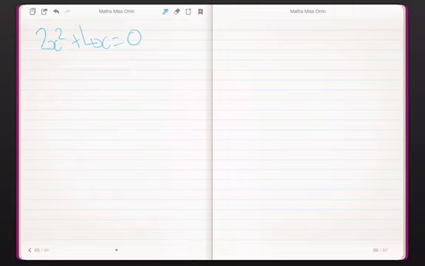If there are none, great. If there are, let's take them out. So 2 is common to both of these. There is a 2 here, and you can also divide this by 2. There is also an x in both of these, so let's take it out. Because we've taken it out of the brackets, we need to divide both of these terms by 2x.